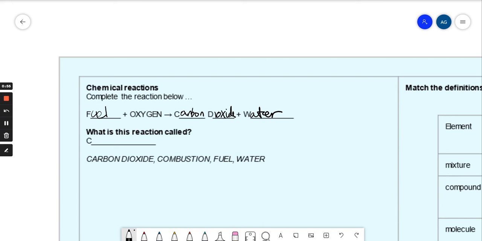Well, this is the combustion reaction. This is complete combustion, which means all of the fuel has been combusted into carbon dioxide and water.